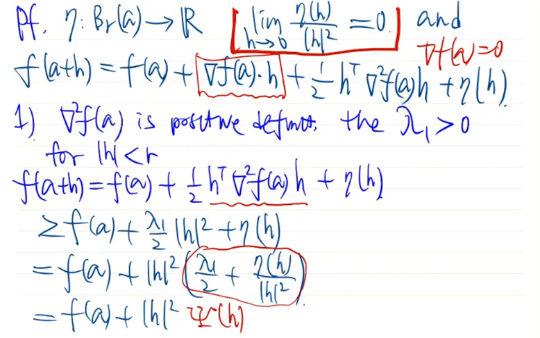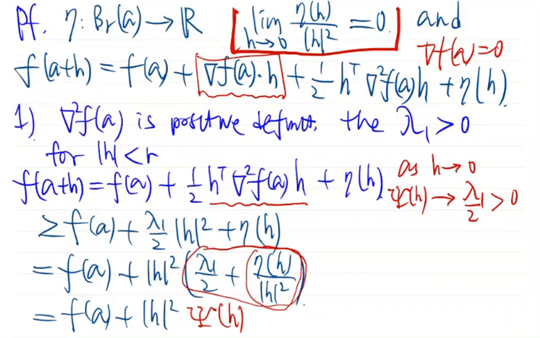Then as h goes to 0, the limit of phi(h) is half of lambda 1. Because phi(h) is the sum of these two terms, where the second term is related to the Peano remainder, which goes to 0. And the first term is a positive constant. So this positive constant, half of lambda 1, is the limit. So the limit is positive.